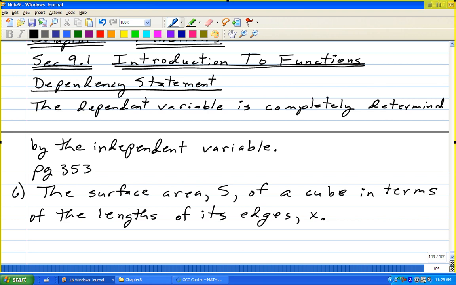And so let me write a dependency statement involving these. In exercises 1 through 13, write an expression that describes one of the variables in terms of the other. Okay, so let me do that.